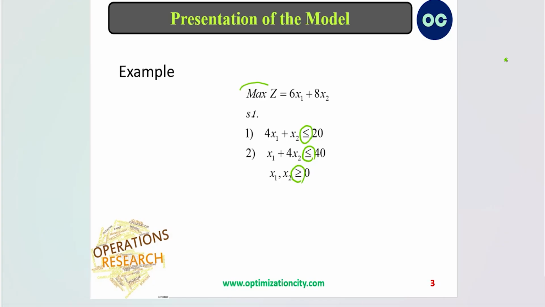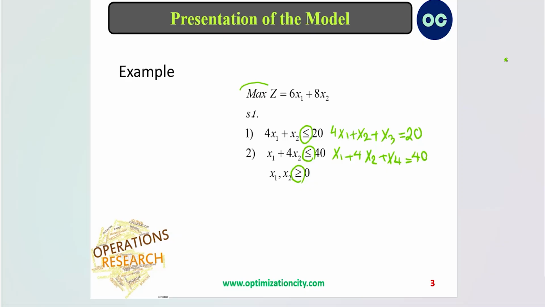Since we have inequalities in the constraints, we need to introduce slack variables to transform them into equations. So here we have 4x1 plus x2 plus x3 is equal to 20. x3 is the slack variable. For the second constraint, x1 plus 4x2 plus x4 is equal to 14.